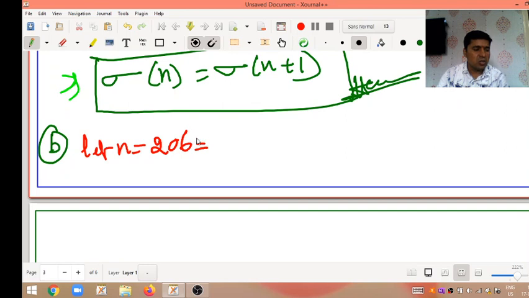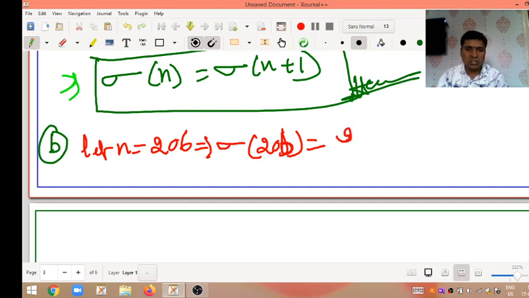So we should find the sigma of n and sigma of n plus 1. Before that, you should convert this 206 into its factors. So sigma of 206 is equal to, we want to convert that as sigma of 2 into 103. So 103 is a prime.